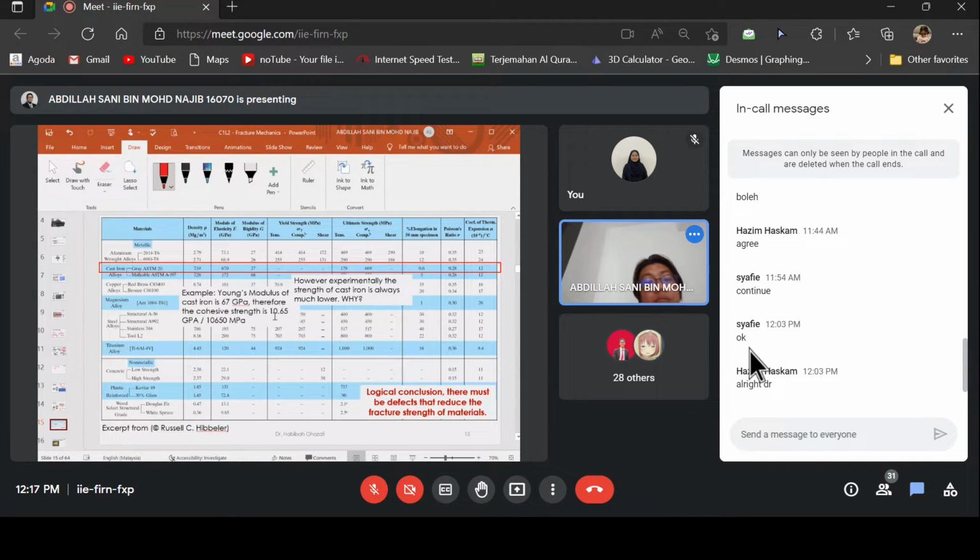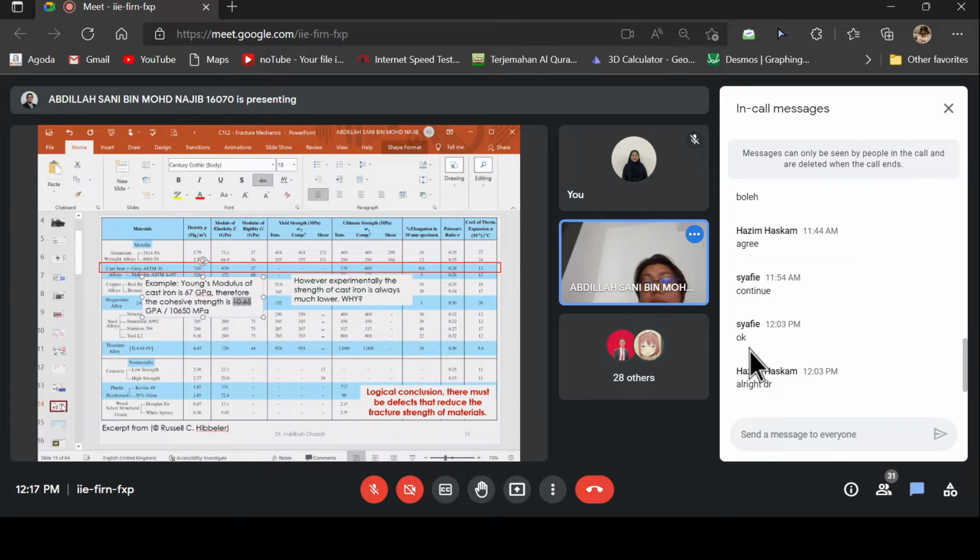So therefore, the cohesive strength, I think this is not the right value, because it is using divide by pi, but indeed it's 2 pi, so you just need to divide again by 2, so it's 5.325.